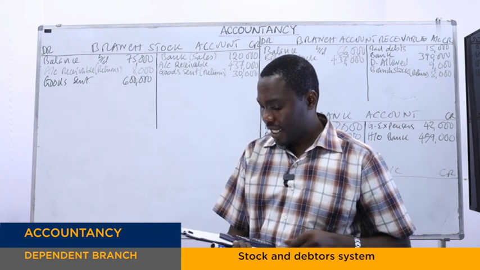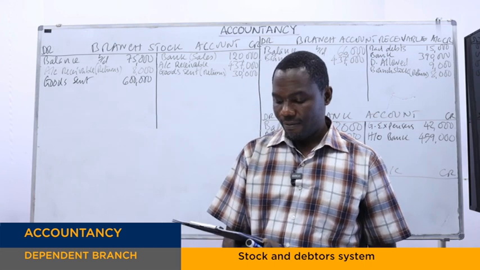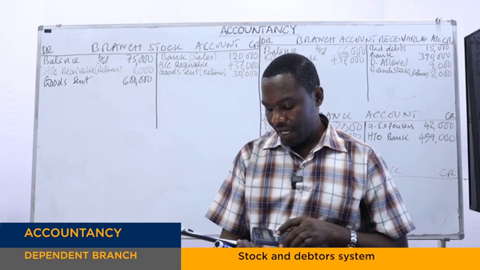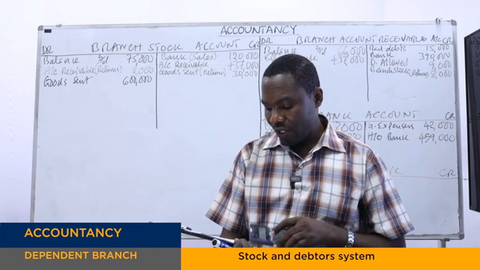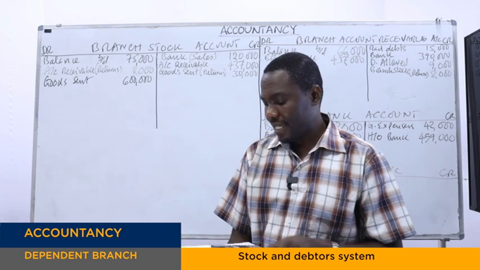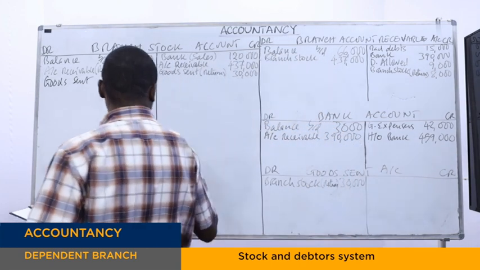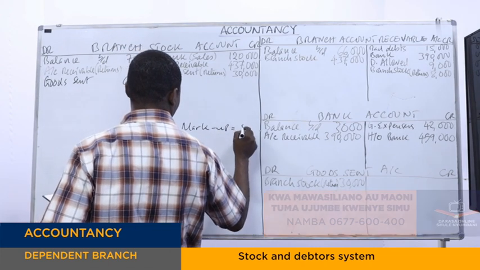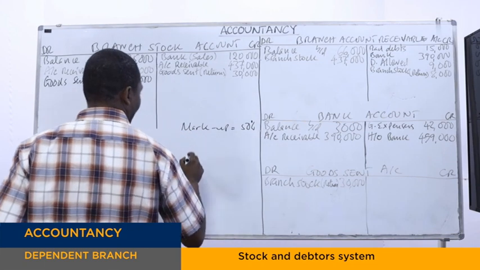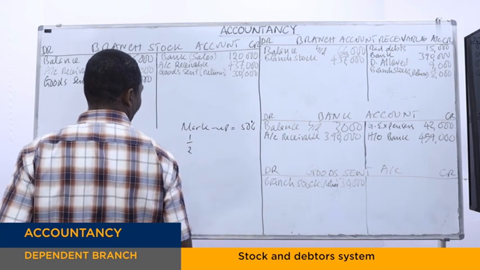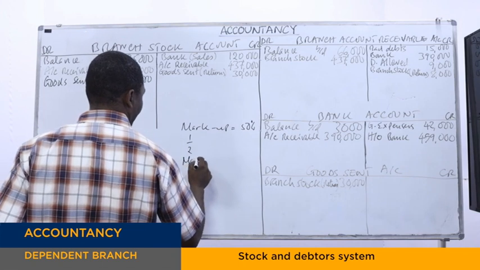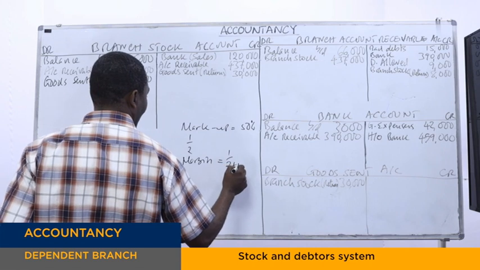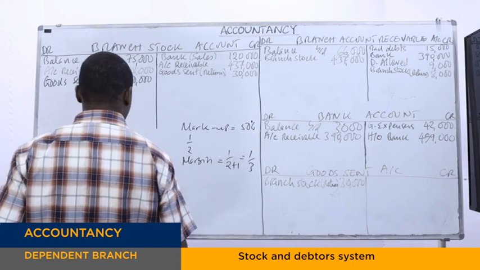If it is 600, we need to adjust for the profit loading. So far, we are told that the goods sent were at cost plus 50%. That was the markup. So the markup was 50%, that means 1 over 2. Then the margin will be equal to 1 over 2 plus 1, which will be 1 over 3.